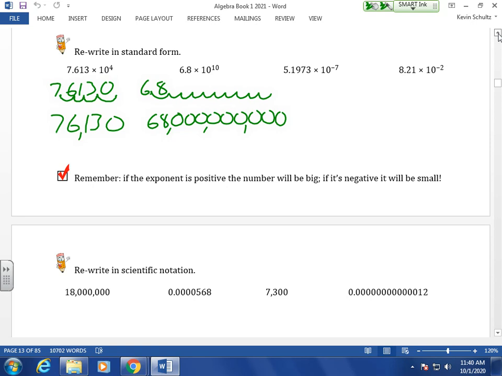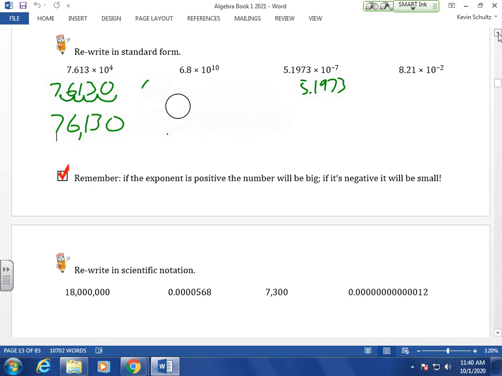5.1973 times 10 to the negative 7. Which direction and how far? Exponent negative means we're going to the left 7 times.